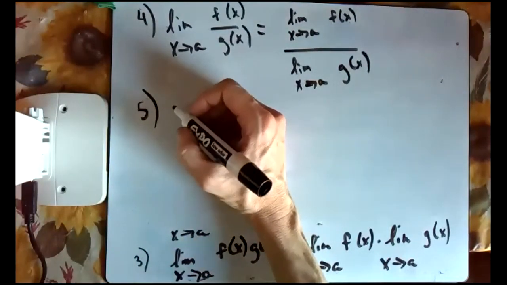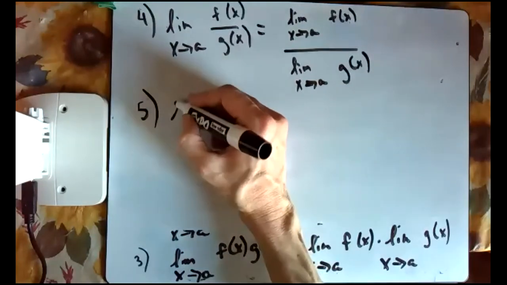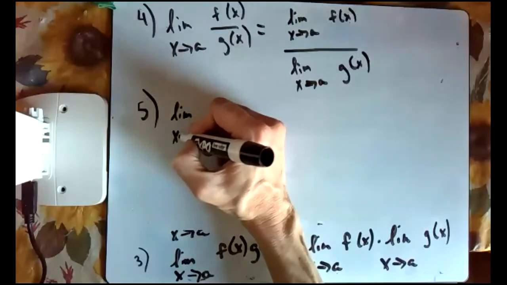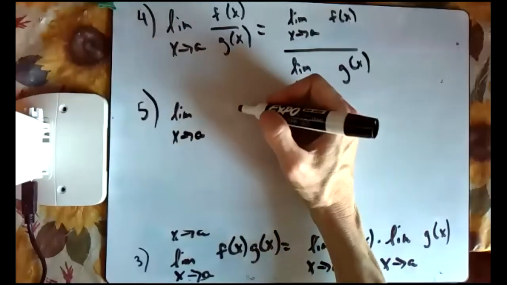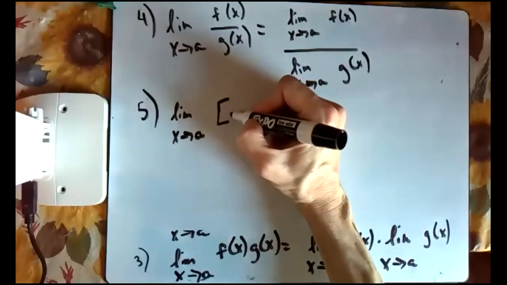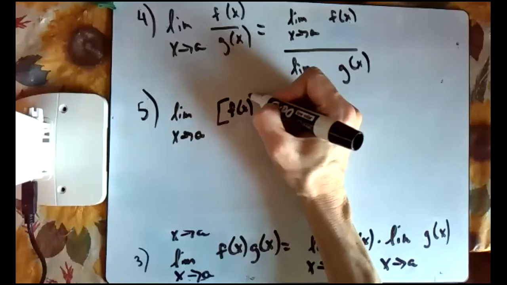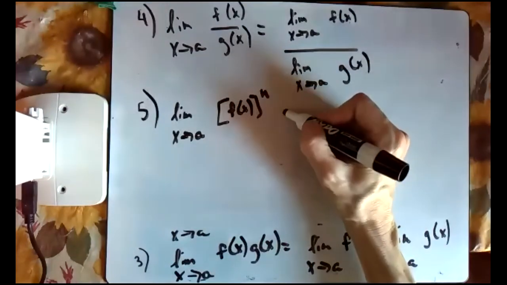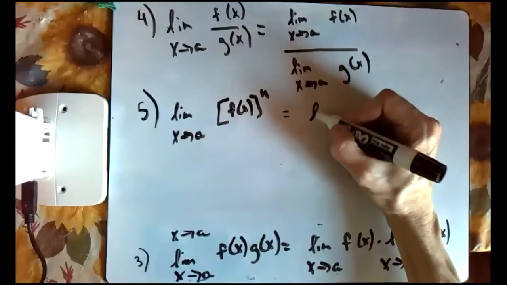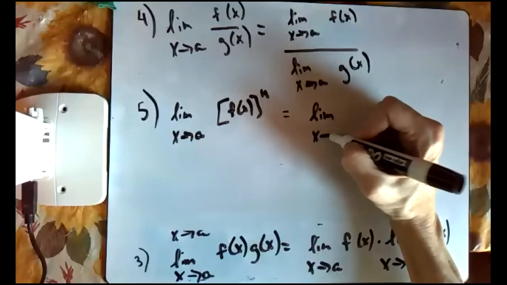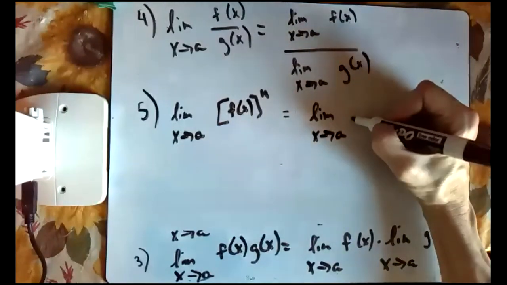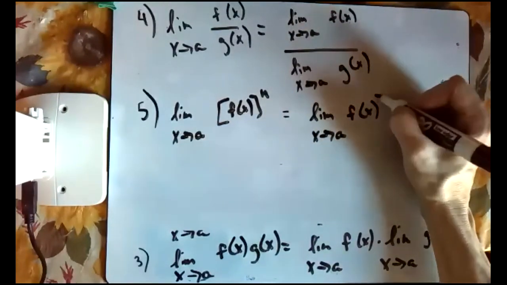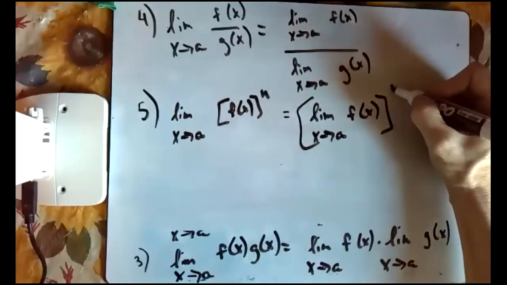Now, what if we have an exponent? Like, say we're taking the limit of some function where the whole thing's raised to some power of n. Well, what you can do is we can evaluate the limit of that function and then raise the whole thing to the power of n.